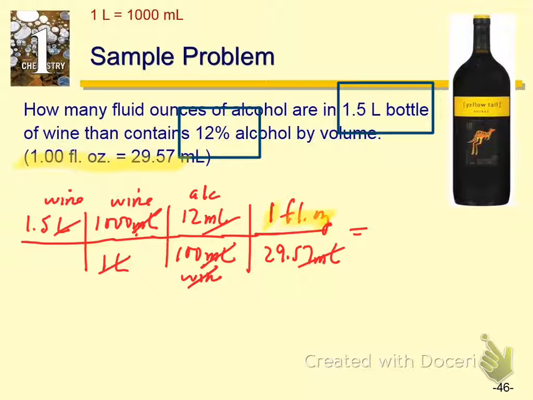So at this point, I'm feeling pretty good. I got everything to cancel out. I got fluid ounces of alcohol, and as long as my conversions are right, I'm going to feel pretty good. In my calculator, 1.5 times 1,000 times 12 divided by 100 divided by 29.57. And what does that come out to be? 6.087.